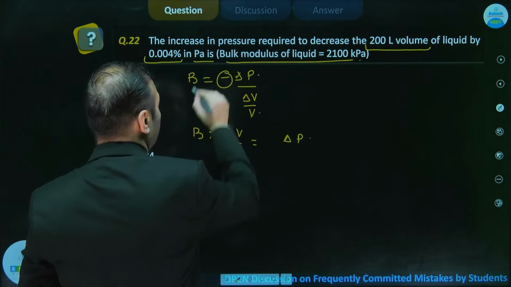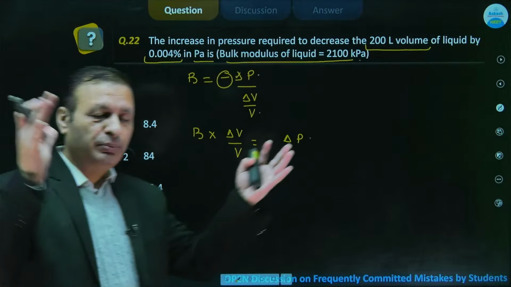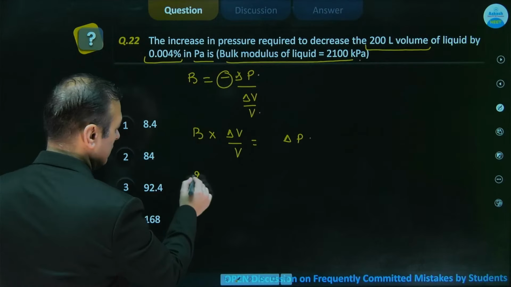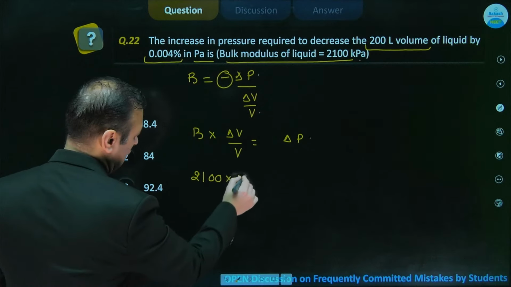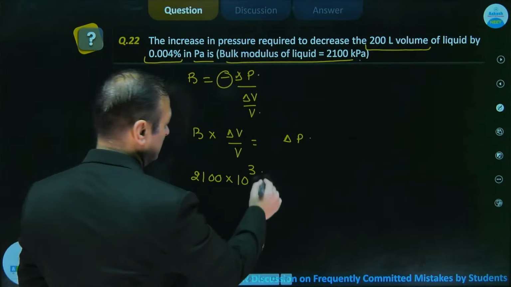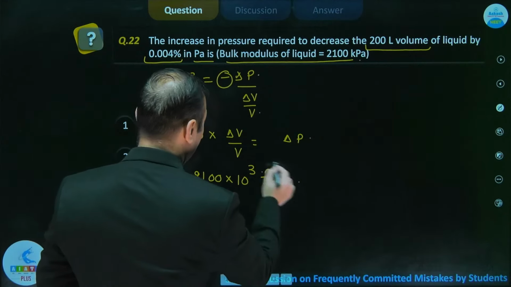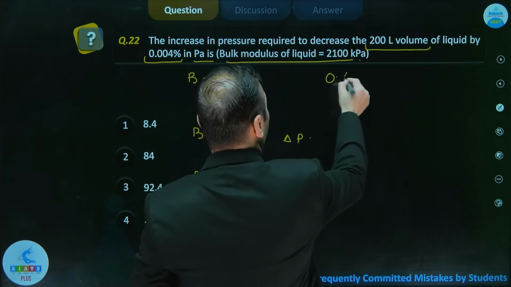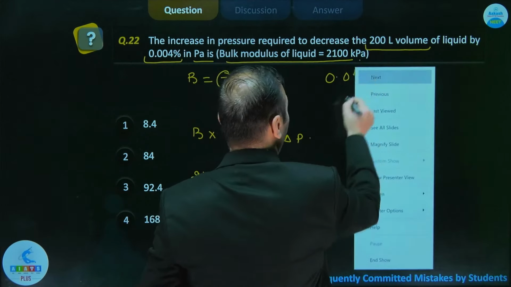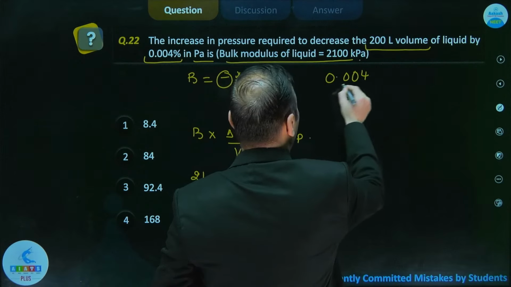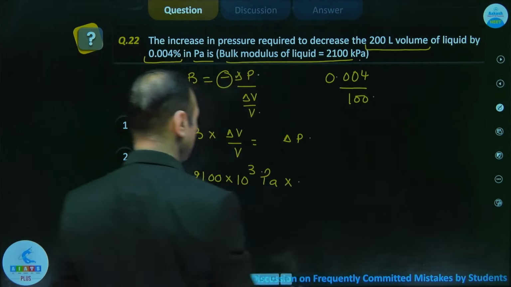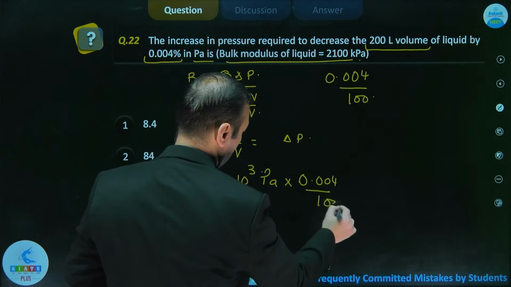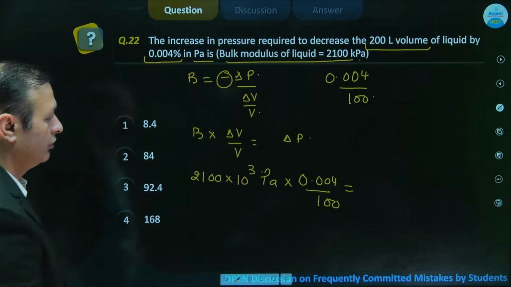The negative sign indicates that because of the increase in pressure there is a decrease in the volume. The bulk modulus is 2100 into 10 to the power 3 Pascal, and the volume change is 0.04%. You got it or not?